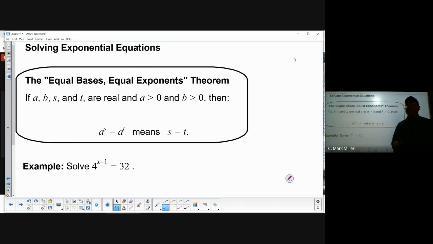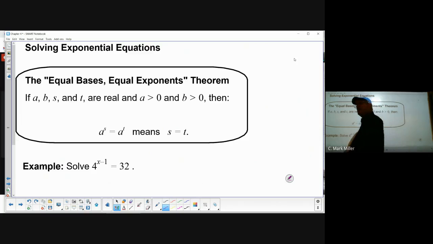If a is positive, not equal to 1, and I have a to some power on the left equals a to some power on the right, those two powers have to be the same. Equal bases means equal exponents. So one of our little ninja tricks here is to get equal bases on each side of an exponential equation. That's our topic, solving exponential equations.